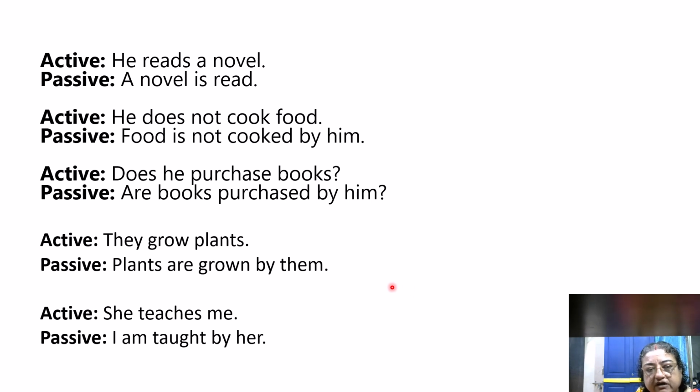In one video it will be lengthy, so here I have given just simple sentences and the basic idea. In my next video I will show you how to change from active to passive using different tenses, and the verb format of those tenses, so I give you a clear idea. So I end here today.